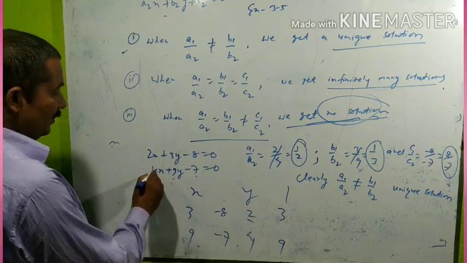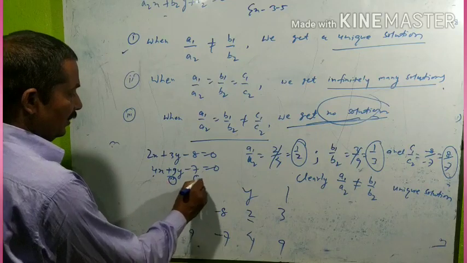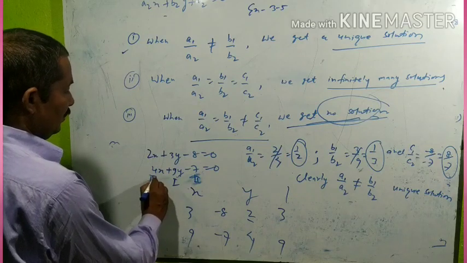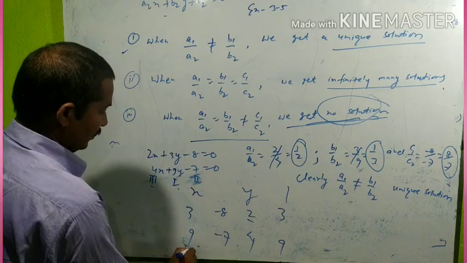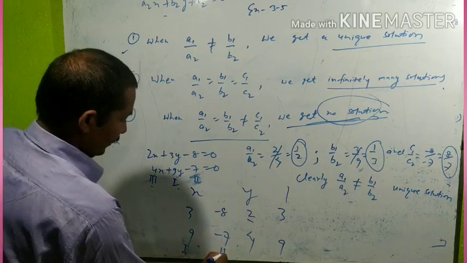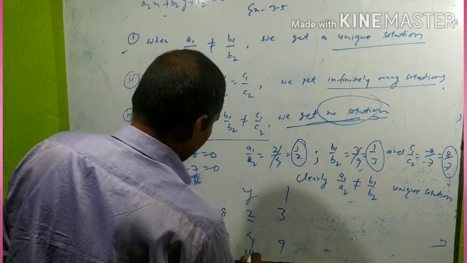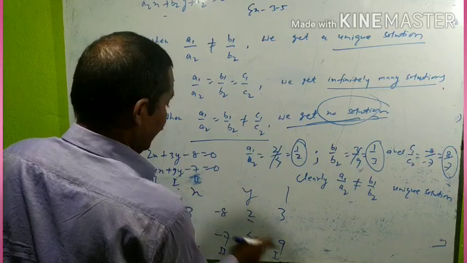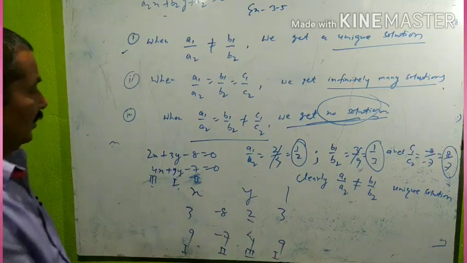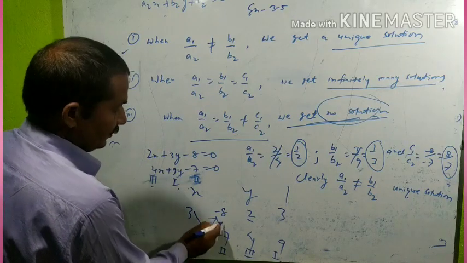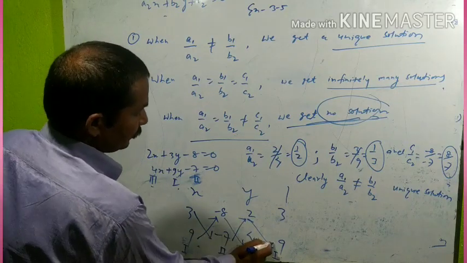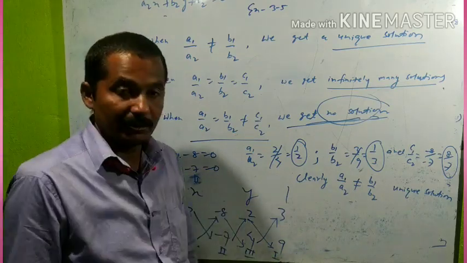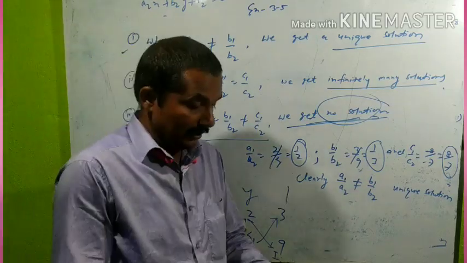First, second, third, again first. Look here. Then you will apply this method and find the values of x and y by using it. And the second question is here.